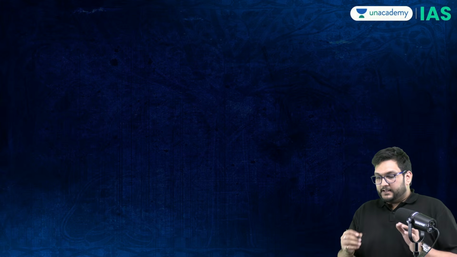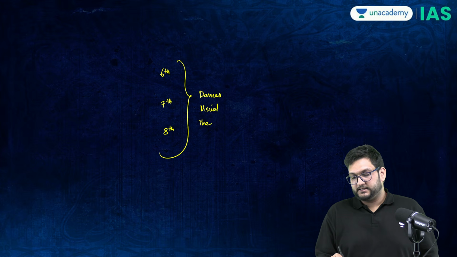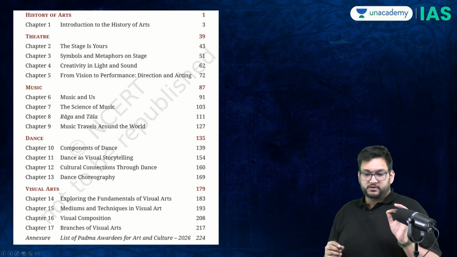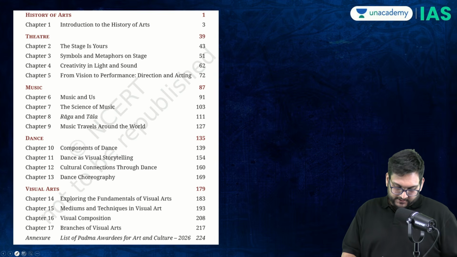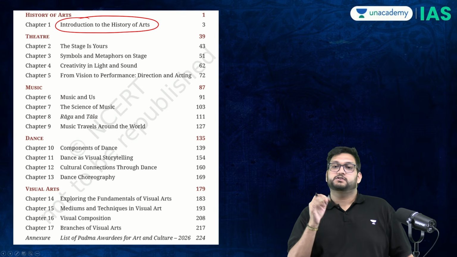Now, 6th, 7th, 8th, our focus was more on dances, the visual arts, theater, and music. However, in this book, the most important chapter is this one, which is History of Arts or Introduction to History of Arts.